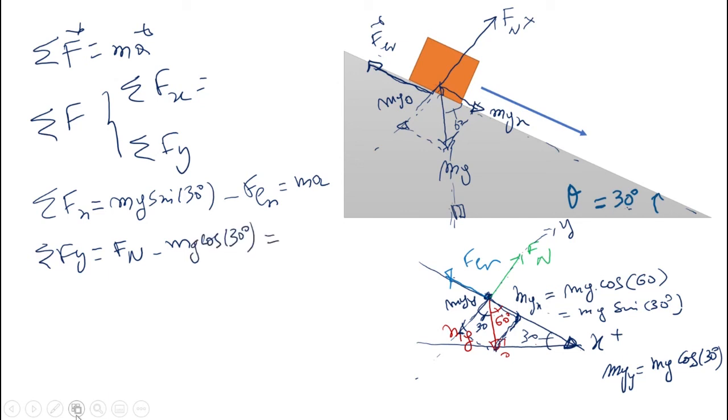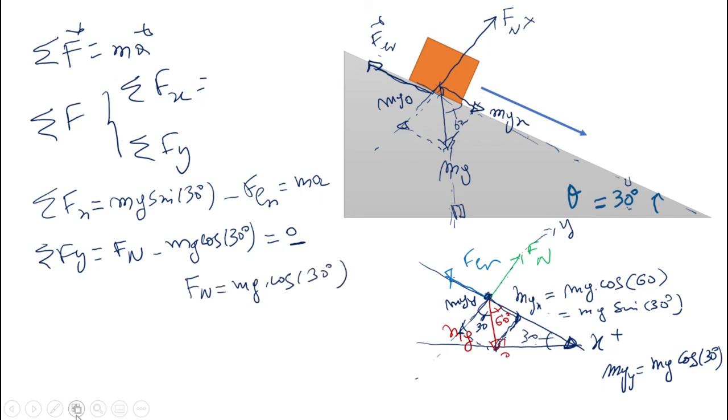And the sum of the forces on y direction is 0, because the object is sliding on x direction. There is no vertical motion. This is why the acceleration on y direction is 0. So the normal force is mg cosine of 30 degrees.